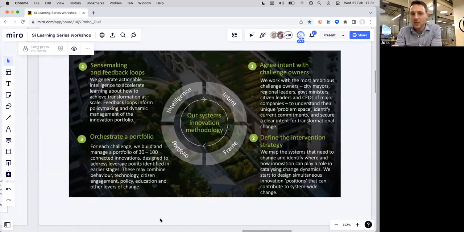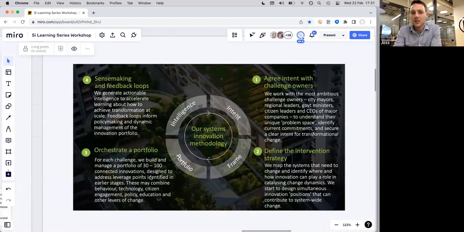For each challenge, we build and map a portfolio of 30 to 100 connected innovations designed to address leverage points identified in earlier stages. These may combine behavioral, technological, citizen engagement, and a number of different factors. So that's the third section around a portfolio of initiatives to intervene.